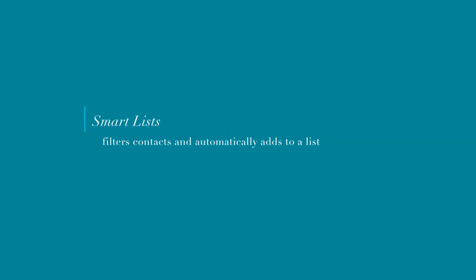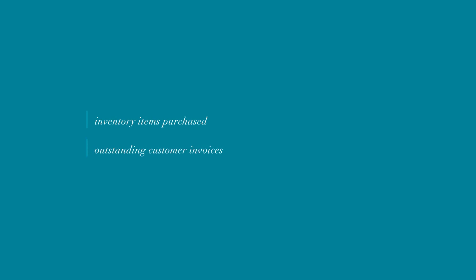A smart list is created by selecting criteria to filter your contacts and automatically add to a list. For example, you can create a filter based on inventory items purchased, outstanding customer invoices, or geographical location of your customer.